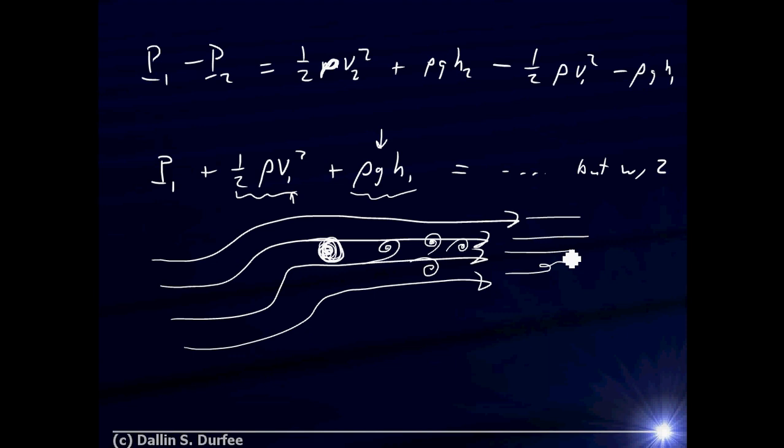Another thing which we neglected was possible friction. As this flow goes past our pipe, right, it's going to have some forces with the surface of the pipe which could slow it down. So we assumed no friction. In fluids, we use the term viscosity to describe friction. Viscosity tells us how much friction there will be between the fluid and the things that it runs past, or things that run through it.